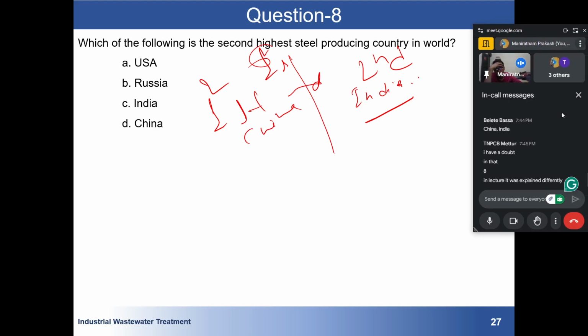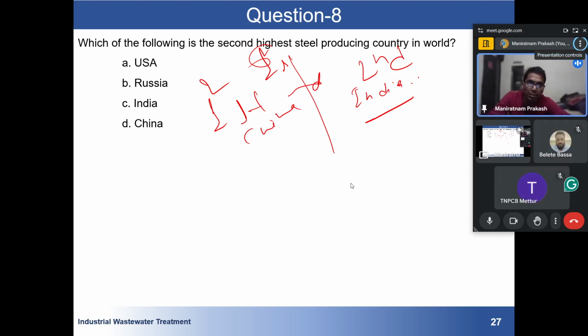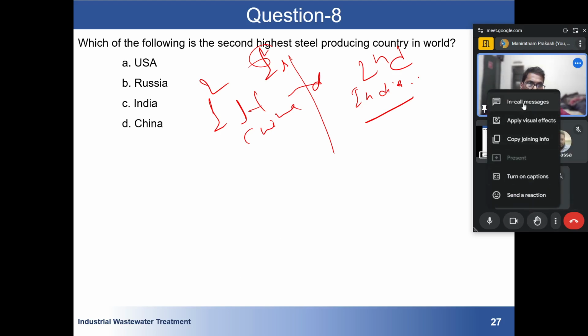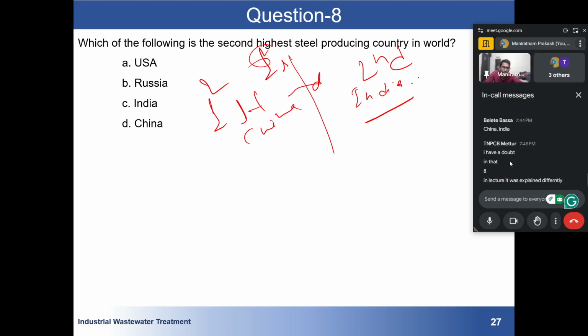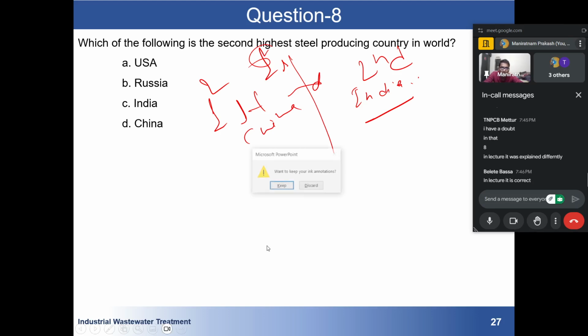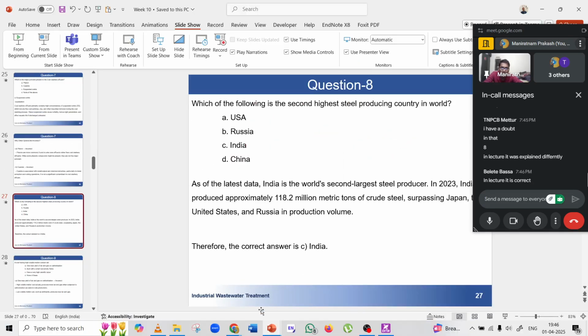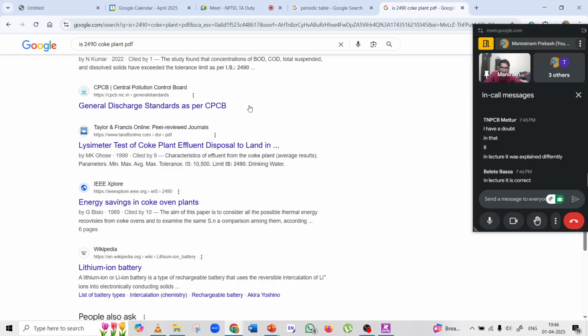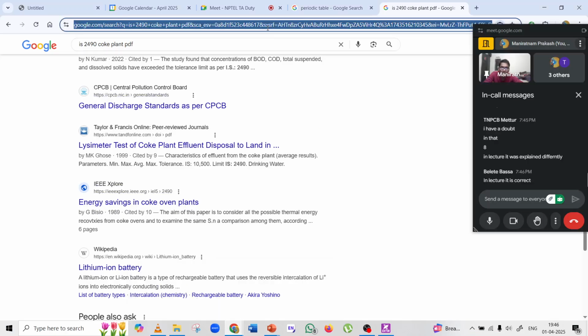You can unmute yourself and speak. What was told in the lecture? We can check on the internet also. On the internet it says China only, but in the lecture the professor explained that the first one is US, the second one India, like that.